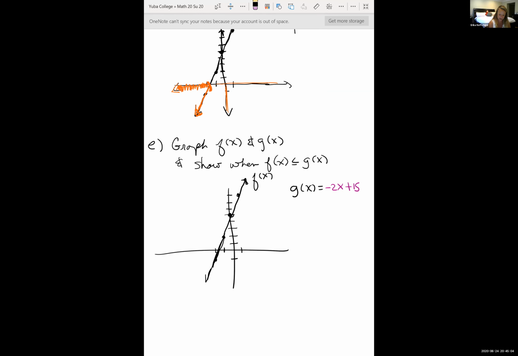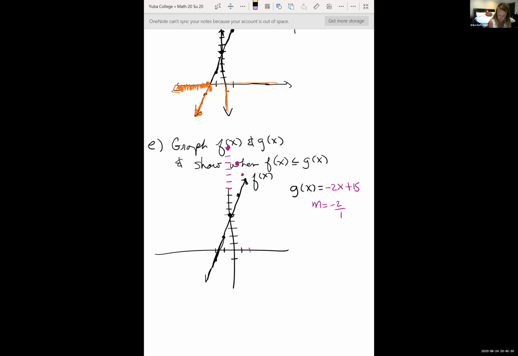So 1, 2, 3, 4, 5, 6, 7, 8, 9, 10. And my slope is negative 2. So if I go down 2, I would run over 1. Down 2 over 1.